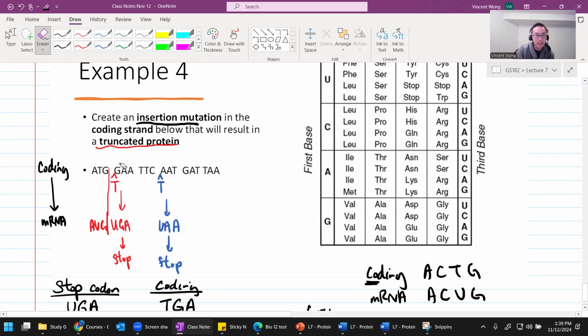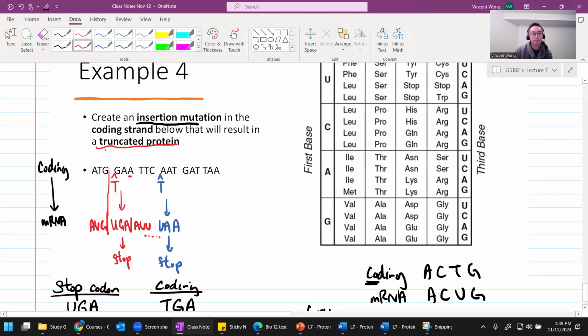And then instead of GAA, now it'll be UGA. And then the next one is going to pick up from here, which is AUU, so on and so forth, right? The rest doesn't really matter because after the AUG, we've reached a stop codon. The stop codon wasn't there before, but by inserting an extra T, we've created a stop codon in the new reading frame. And that's how it becomes a nonsense mutation.